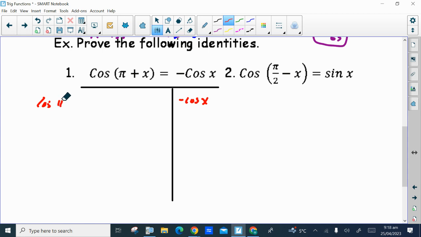Cosine of A plus B is cos A, cos B minus sine A, sine B. And the reason this works is because at pi radians, the coordinates are 0, 1. So the cosine of pi is 0 minus the sine of pi, which is 1.